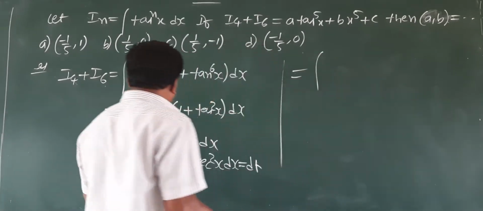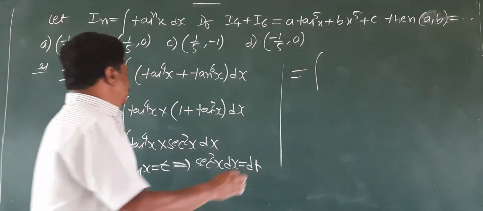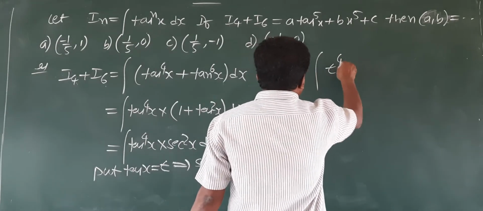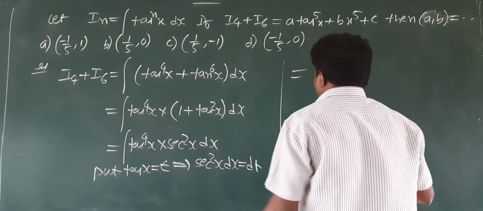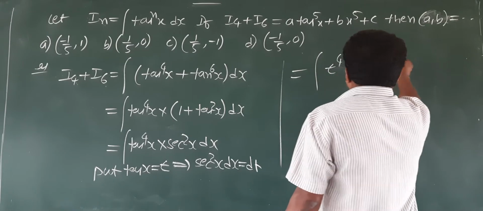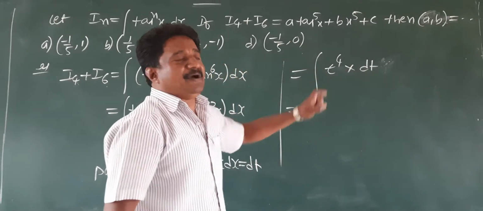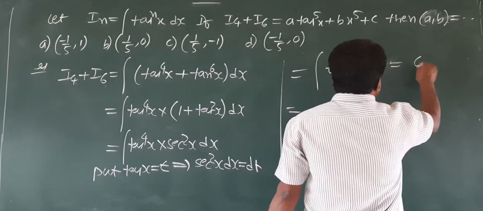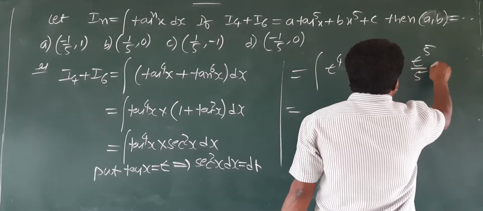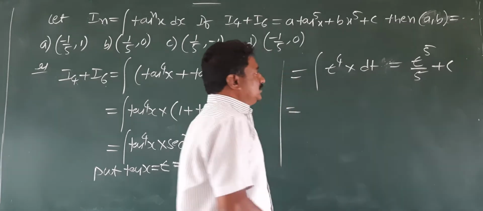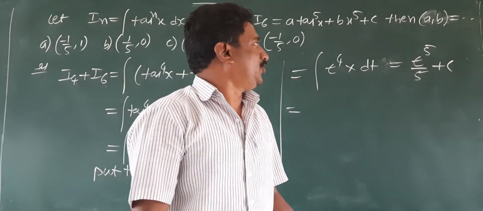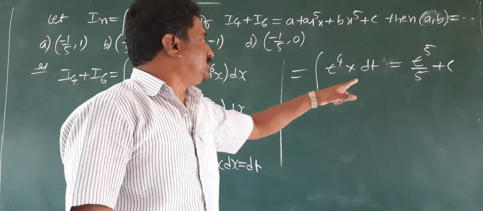Substitute in that. So tan x is t, and we get t power 4 into secant square x dx, which is dt. The integration of t power 4 is t power 5 by 5 plus c.